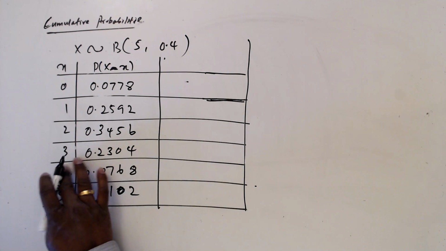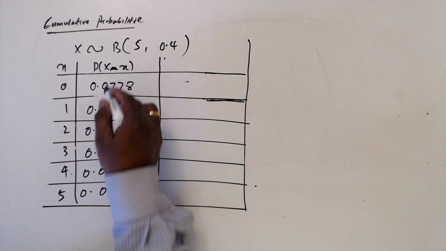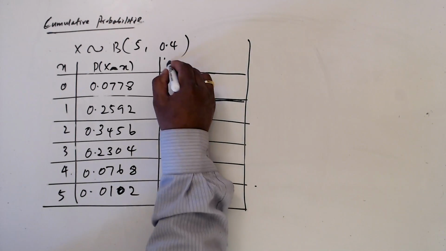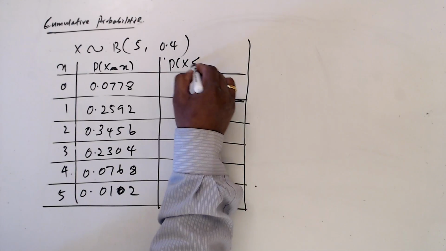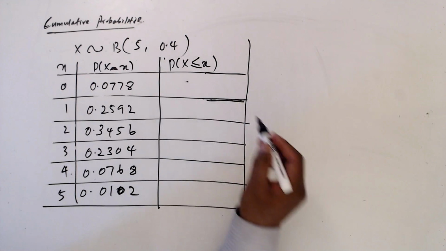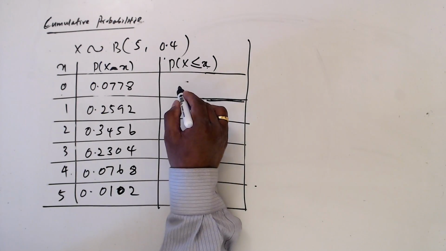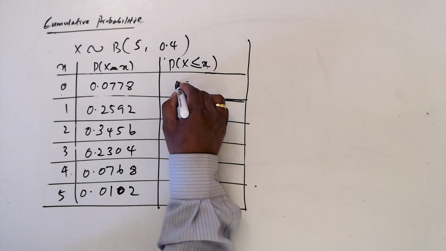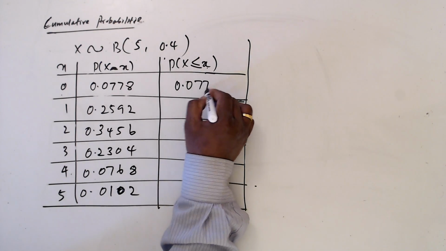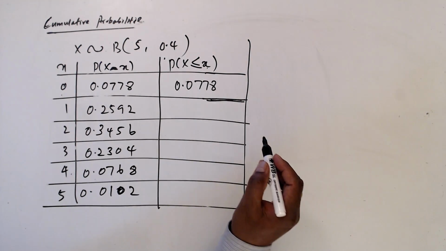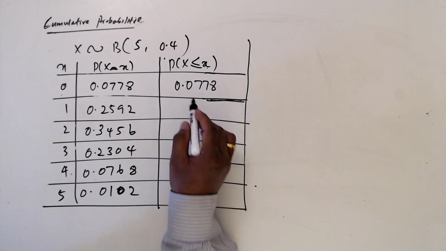So I wrote the probabilities. Now we will find the cumulative, x less than or equal to x. Then x value is 0. It is going to be the same value, 0.0778. Then x equal 1.